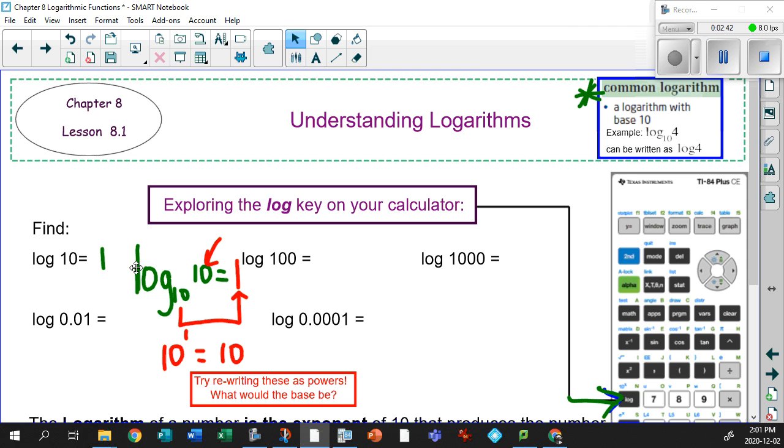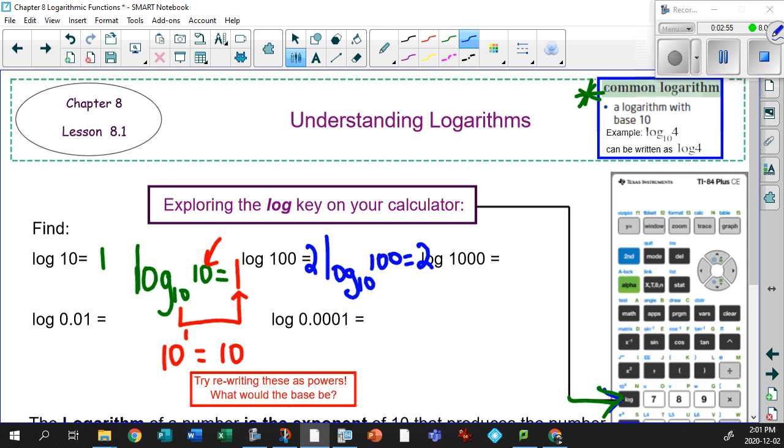Look at this one. If this was a log base 10, and we got an answer here of 2. So log of 100, base 10, we said the answer is 2. 10 to the power of 2. Is this 100? I see a relationship.